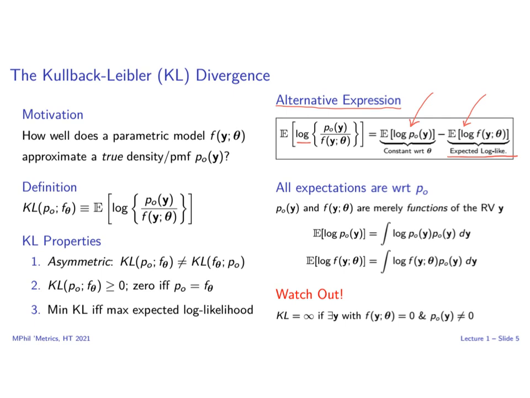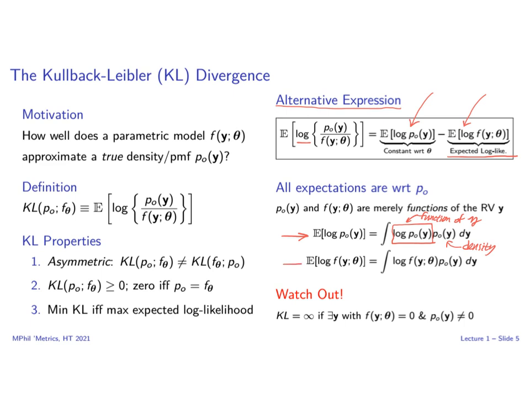The first one, the expected value of the log of p naught of y, is the integral of the log of p naught of y multiplied by p naught of y, dy. In other words, this is an expectation of a function of y where we're integrating against the true distribution of y. And the same thing goes for the other expectation.